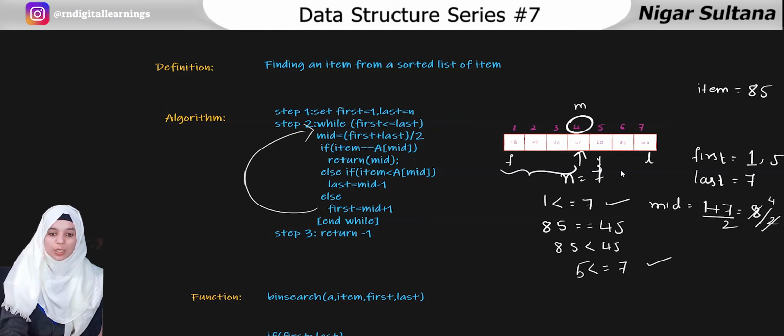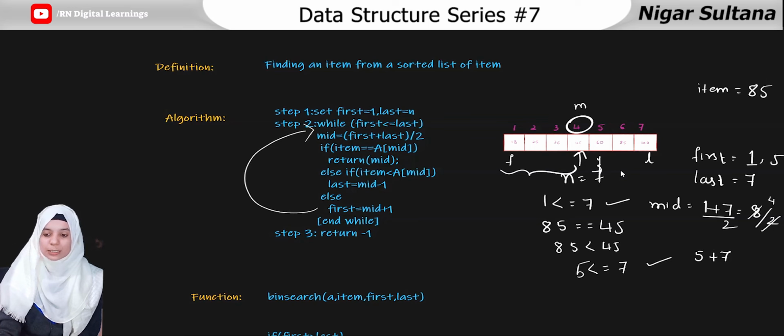Yes, it is true. Now let's enter into the loop. Mid is equal to first plus last by 2. So what is the first now? First is my 5, plus 7, divided by 2. So this is 12 divided by 2, which is 6, isn't it? So 6 is my mid now.